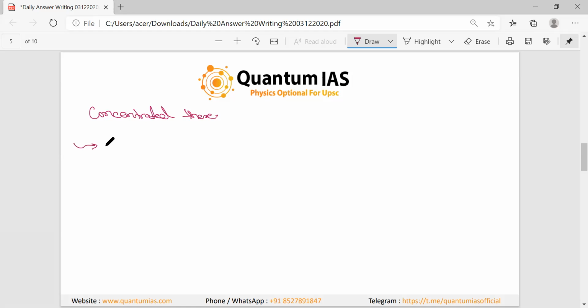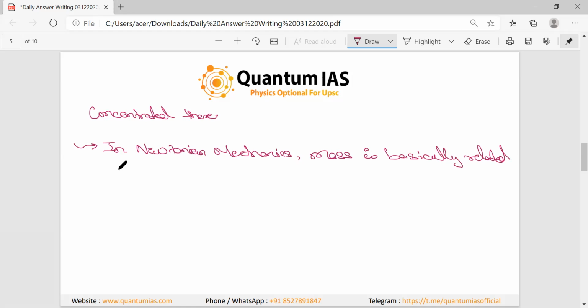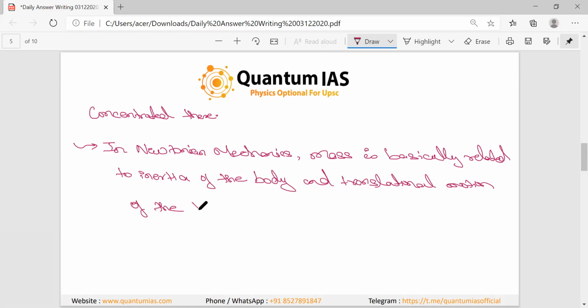It simply means, I'm going to specify in Newtonian mechanics, mass is basically the inertia of the body related to translational motion of the body.